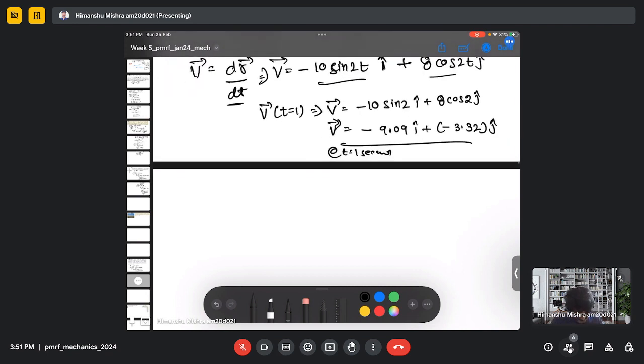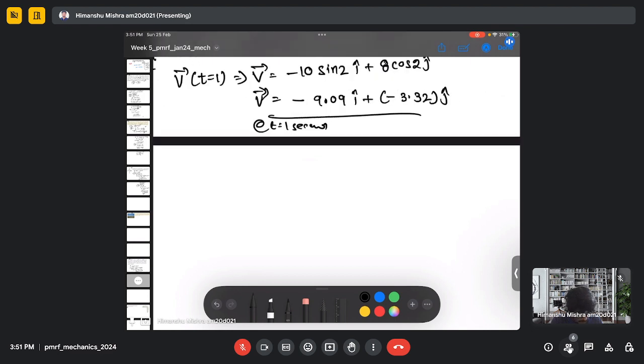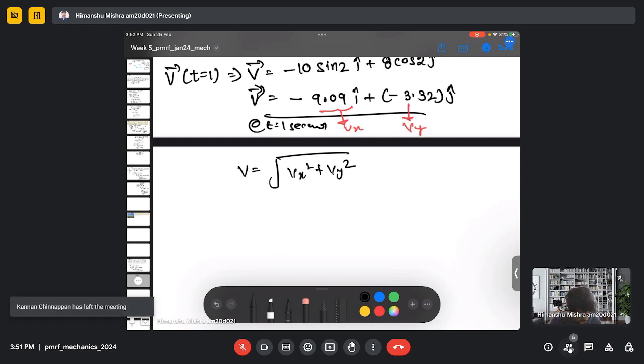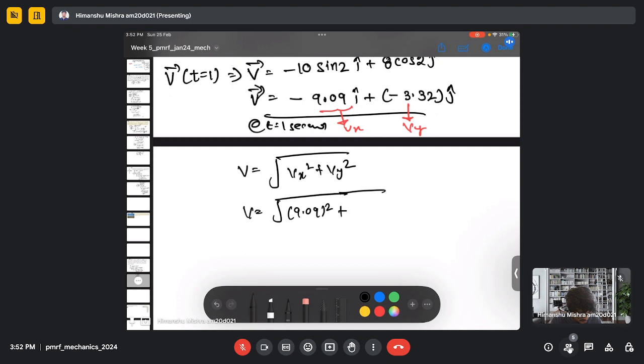And similarly, now in order to calculate the magnitude of velocity, we will have vx square plus vy square. So this is my vx component and this is my vy. So it will be 9.09 square plus 3.32 square.